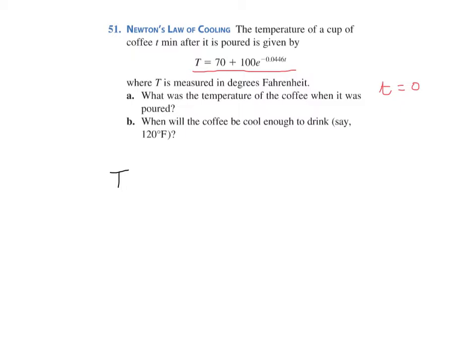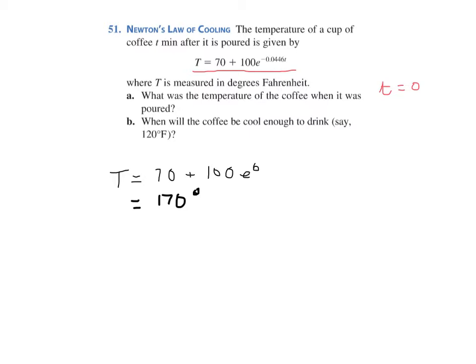I get T equals 70 plus 100 e, and then when I multiply negative 0.0446 by 0, I get 0. So that's just e to the 0, which is 1. So this is just 70 plus 100, which is 170 degrees. So the original temperature is 170 degrees. That's not a great degree sign, but hopefully you'll get the picture.